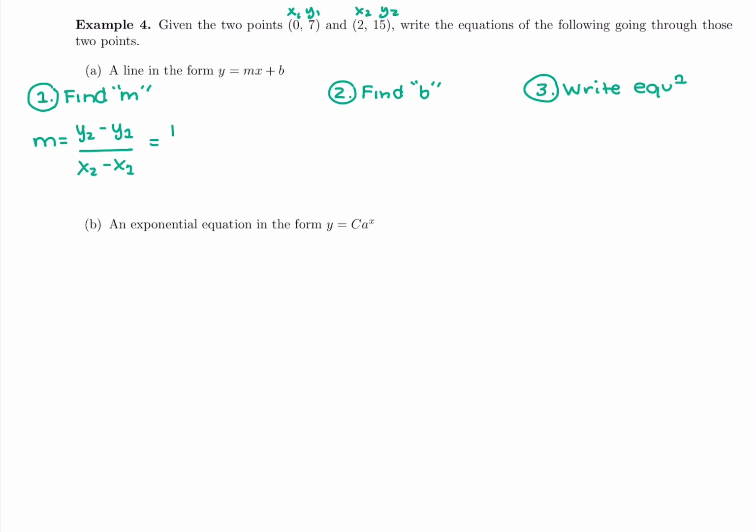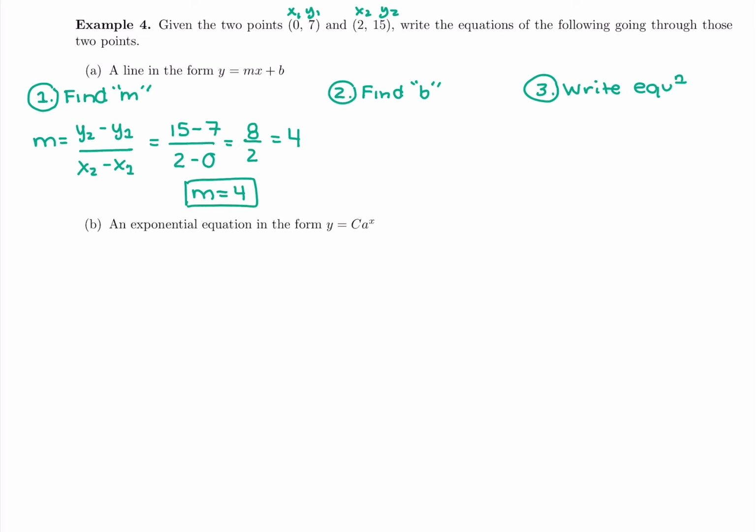So y2 minus y1 would be 15 minus 7, over the corresponding x values: the x value that corresponded with 15 was 2, minus the x value that corresponded with 7, which was 0. So 15 minus 7, I get 8, divided by 2, my slope is 4. So there's my first step, m is 4.